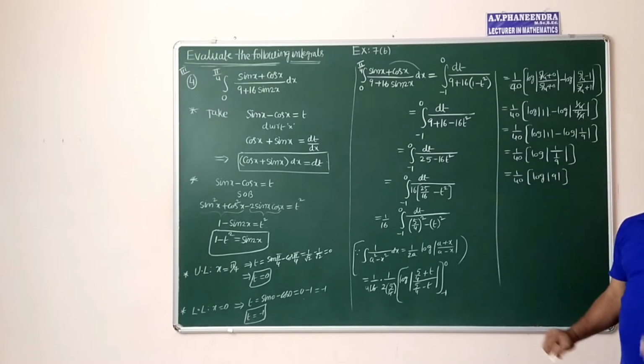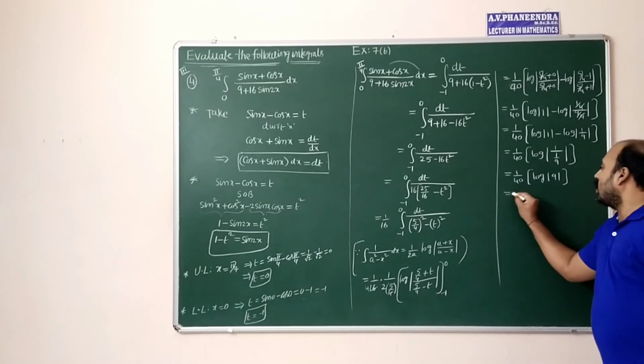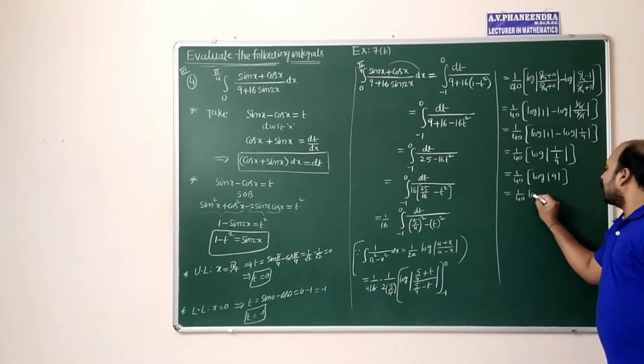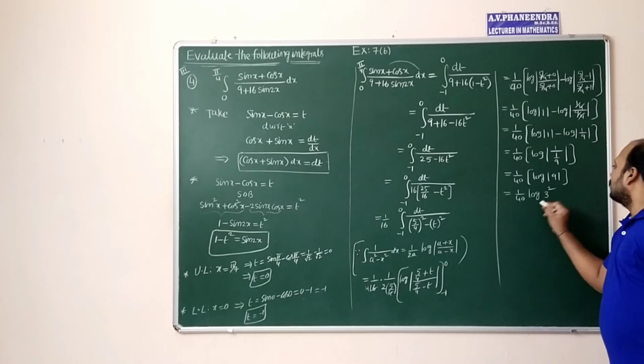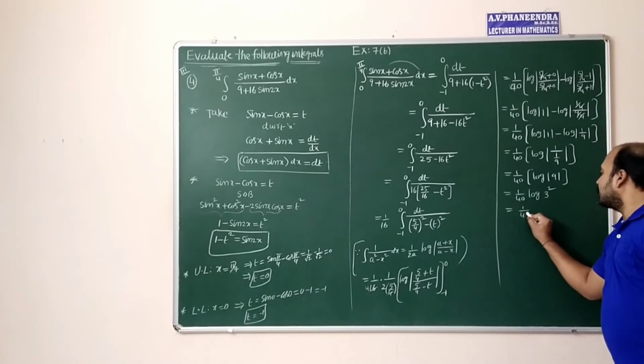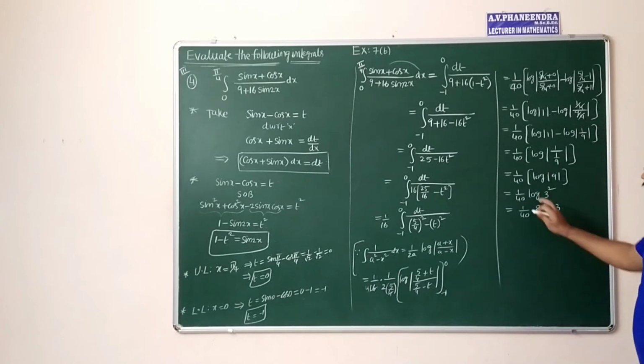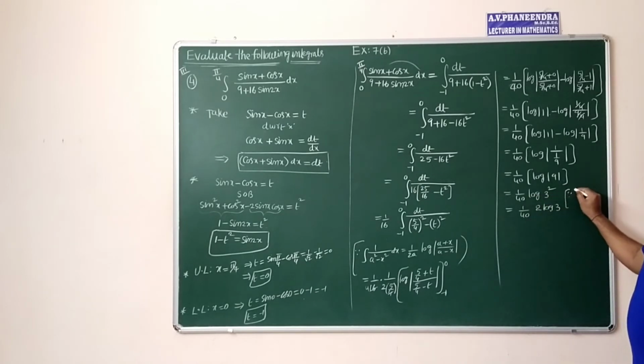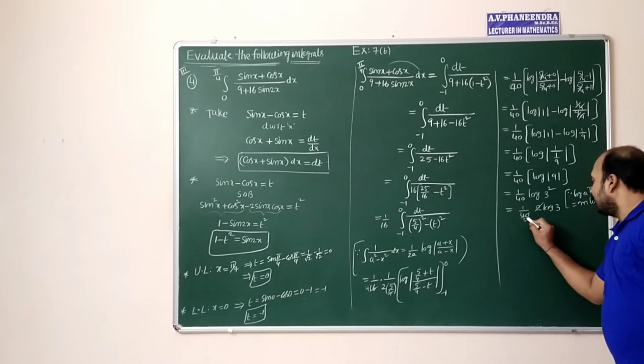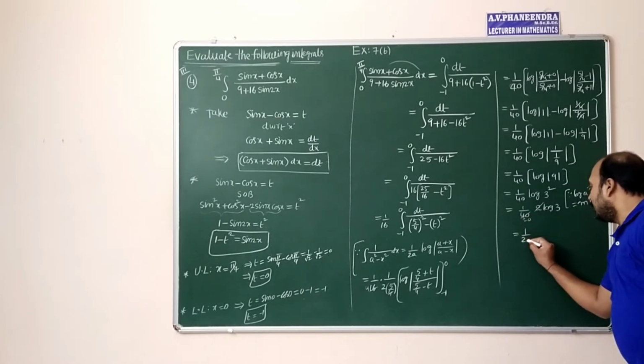9 can be written as 3 square by using the logarithm properties. Log 3 square. So that also can be written as 1 by 40 into 2 log 3, by using log a power n formula. So 2 ones are 2, 2 20s, which is equal to 1 by 20 into log 3.